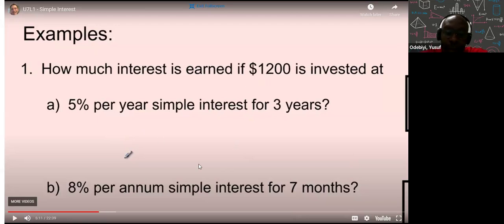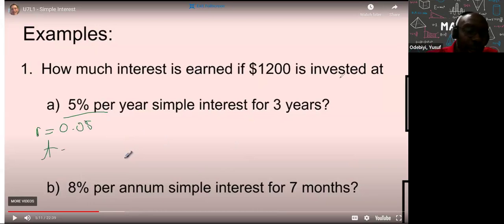Let me write on the screen here. All right. First of all, this 5% is going to be your interest rate, and it's going to be in decimal. And it says 3 years, so that means my time is 3 years.